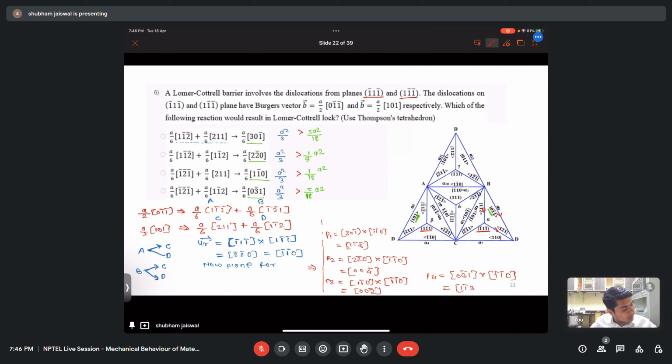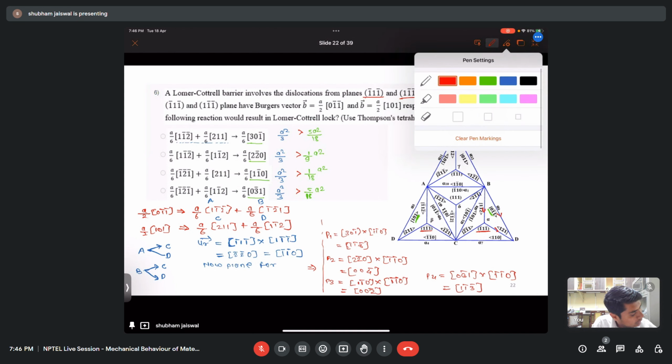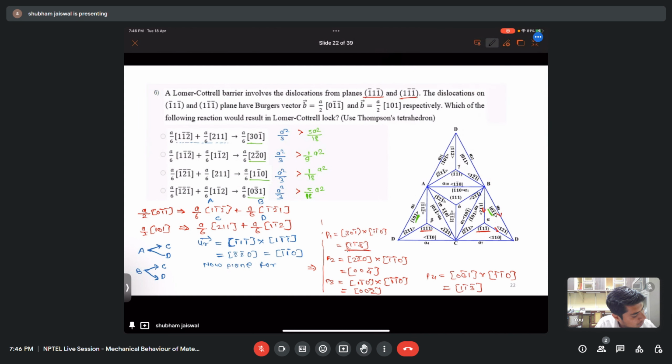Okay, so here you can see all these planes P1, P2, P3 and P4 are other than the slip plane in FCC, that is the {111}.